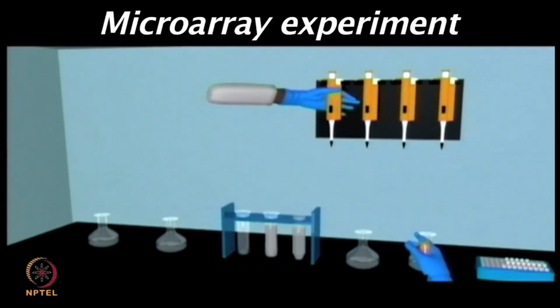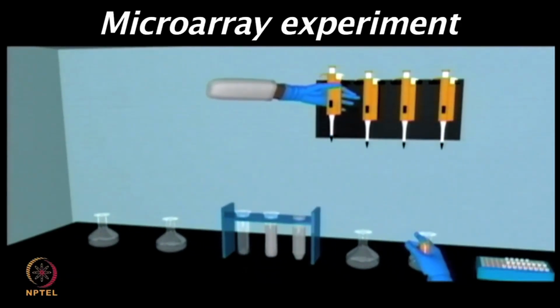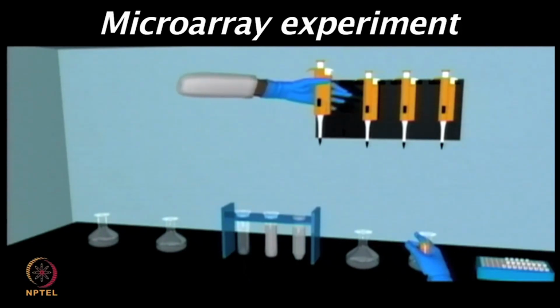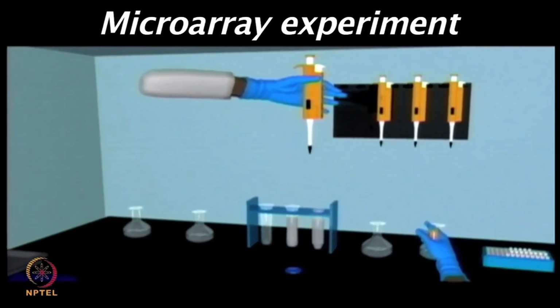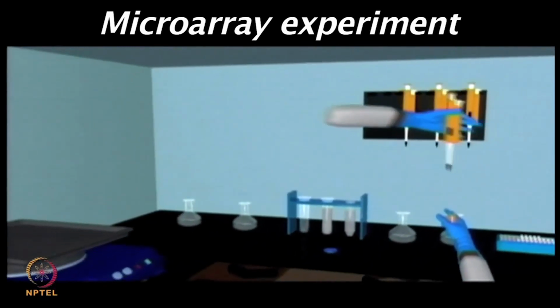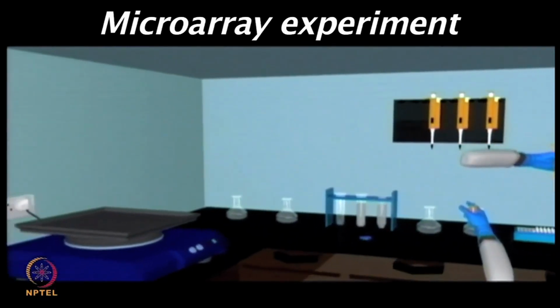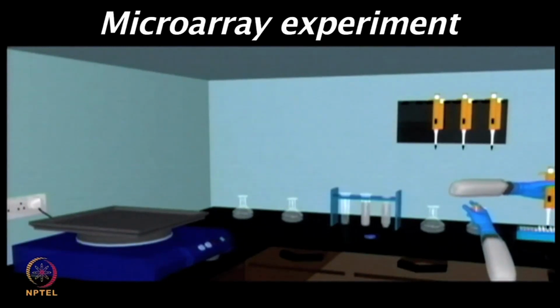After removing the chips from the -80 freezer or synthesizing the proteins by using a cell-free expression based system, first of all you would like to block those areas which do not have the spot features.